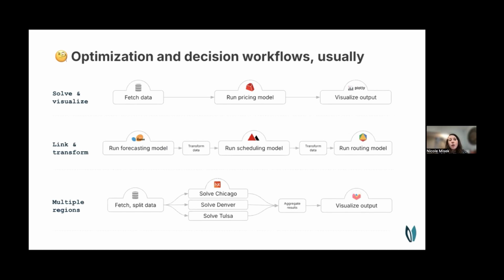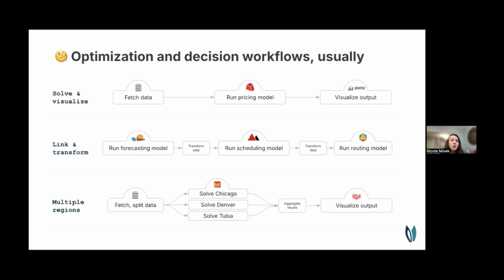At Nextmv, we know that optimization and decision models are typically just a small piece of what's going on in the ecosystem. Maybe you have a pricing model that you've built out using Gurobipy. Typically that's part of a broader workflow, which is fetching the data, sending that to the optimization, and then visualizing the results.